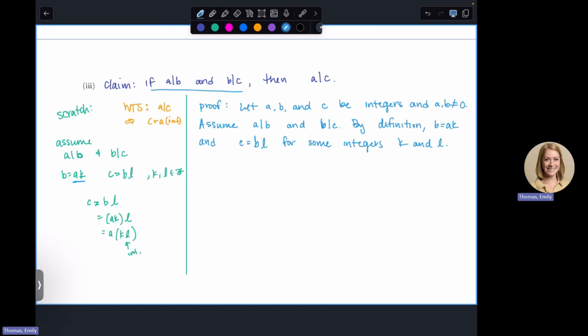So this equals AK. Not helpful. C equals BL. Oh.